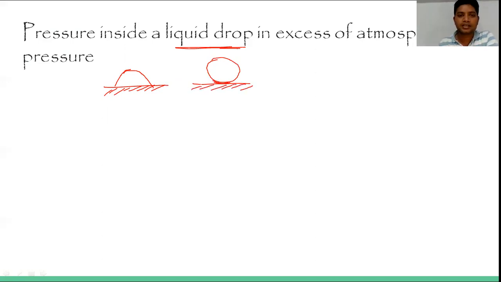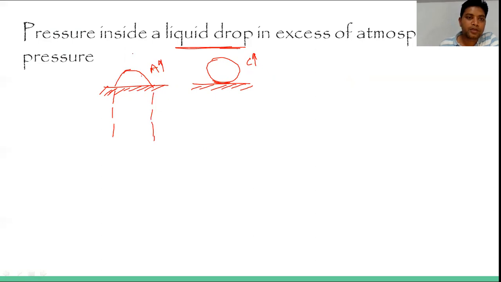This we will discuss in the next slide, when we discuss capillarity, where we'll discuss adhesion and cohesion. But for the time being, if the adhesion is more, then this figure is useful, and when the cohesion is high, this figure will be formed. We can take anyone, so I'm taking this one.